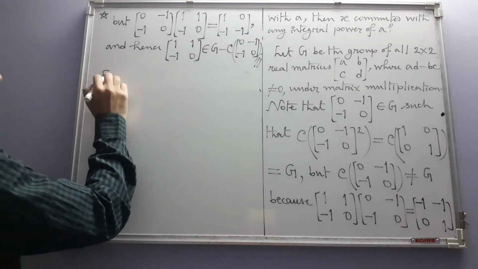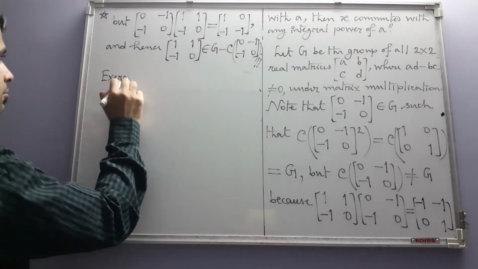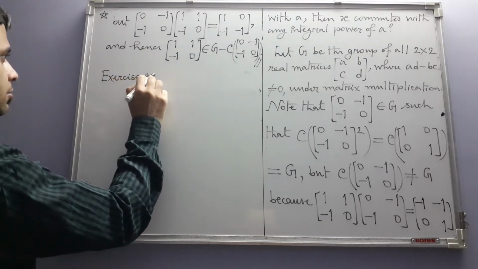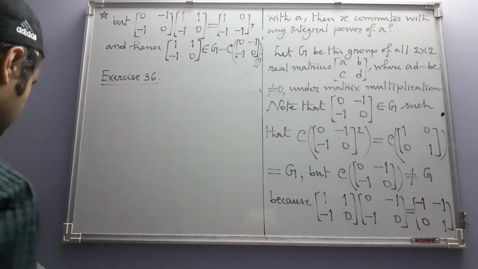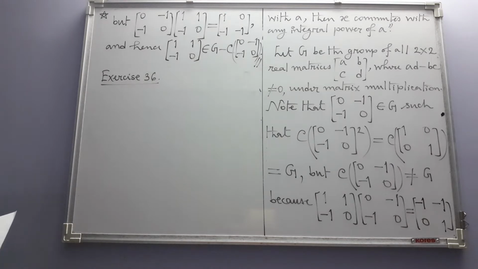Then exercise 36. Complete the partial Cayley table given below.